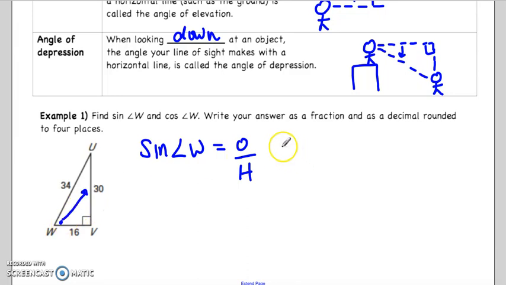So the opposite leg is equal to 30. The hypotenuse is 34. And then from here, you're just going to take the calculator and divide that. But since we're going to write this as a fraction and a decimal, we're going to reduce this down by 15 to 17.